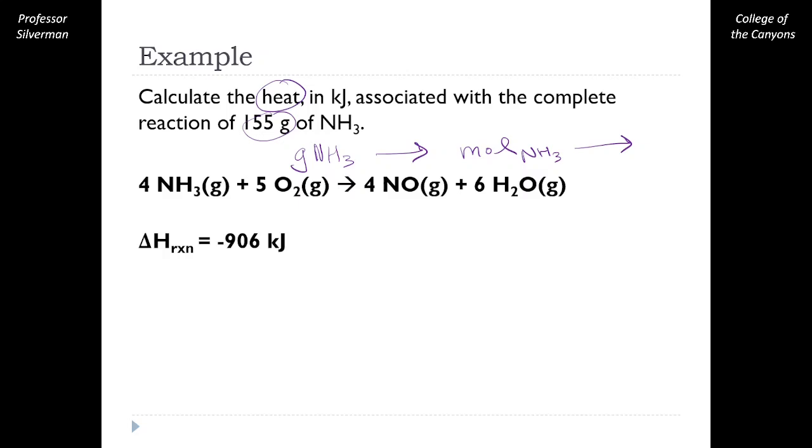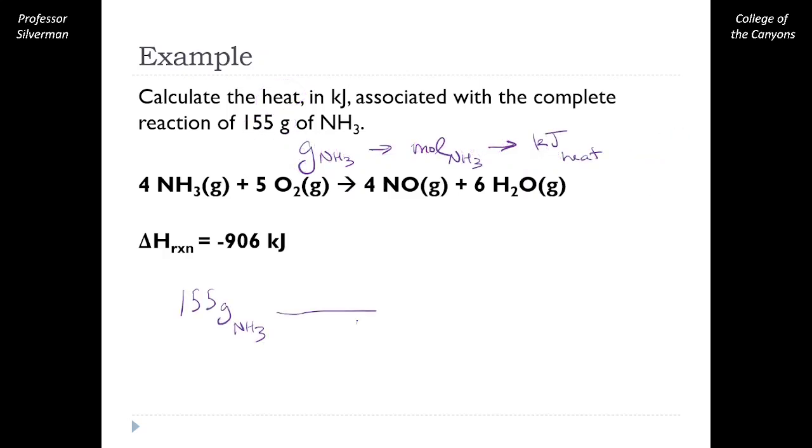Once we have moles, we can use our delta H to get to kilojoules of heat. Step 1, we want to cancel grams and get to moles. If we have 1 mole of ammonia, how many grams is that? How heavy? This seems like a molar mass calculation. Nitrogen plus 3 hydrogens.